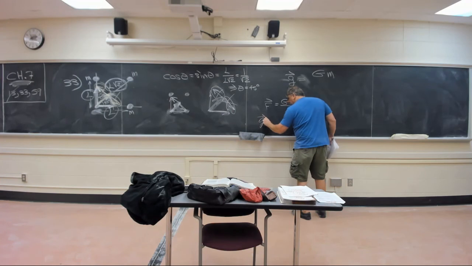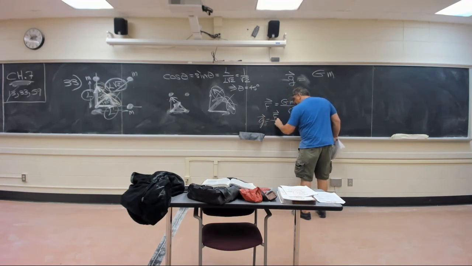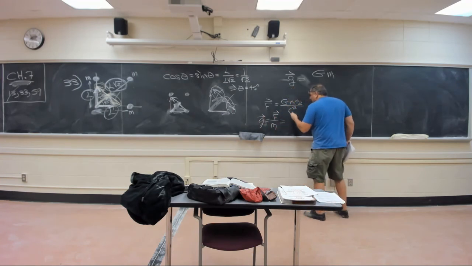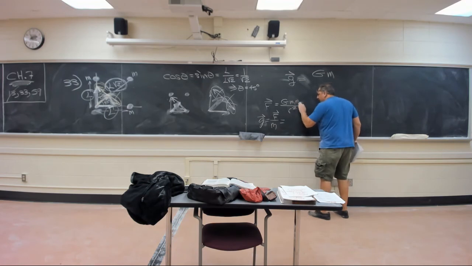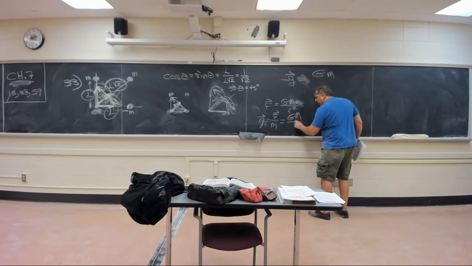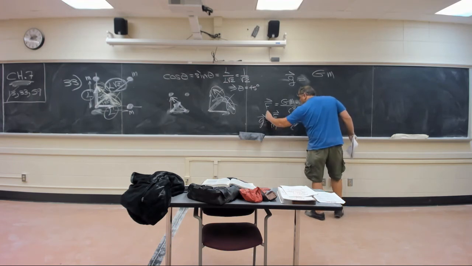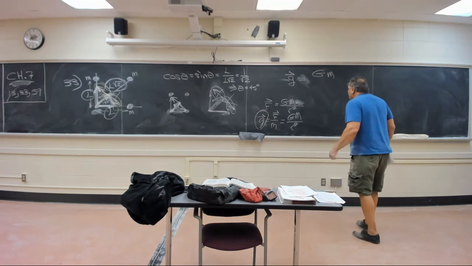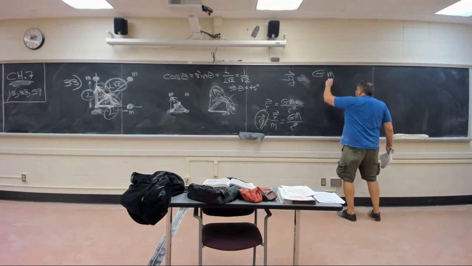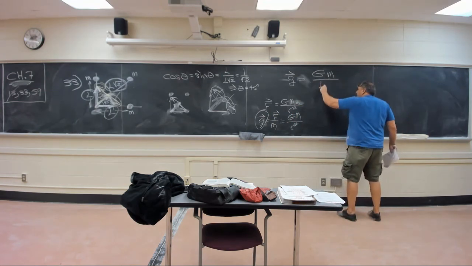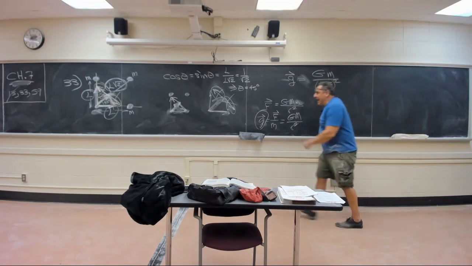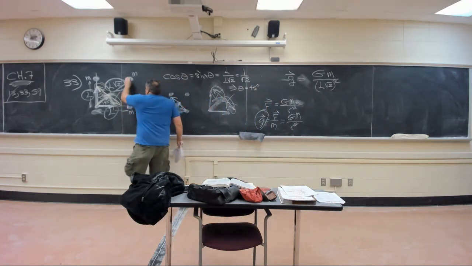The G field is F vector divided by some M. Which one's going to be the M? It doesn't really matter. Call this guy, call this guy M, big M, small m. Divide by that, you got GM over R squared. That's the field. The field means this, and that's what comes from that. This guy's generating a field, which is L square root of 2. That's the middle guy. That's this guy right here.